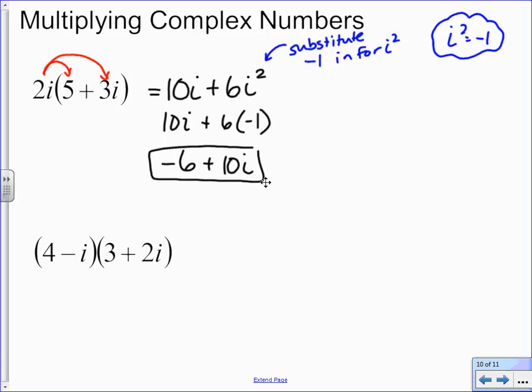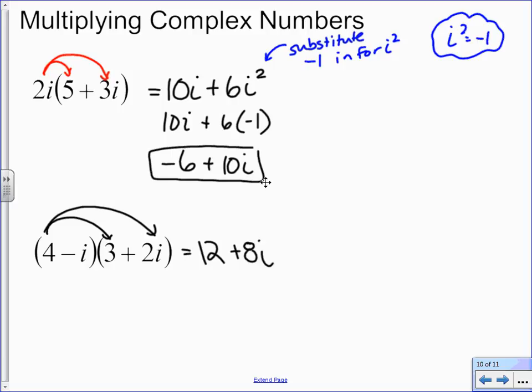So the last one here just involves a little bit more distribution, right? Some of you may say a binomial times a binomial, and you might say FOIL. You're going to take the 4 and multiply it by 3 to get 12. You're going to take 4 times the 2i to get 8i.